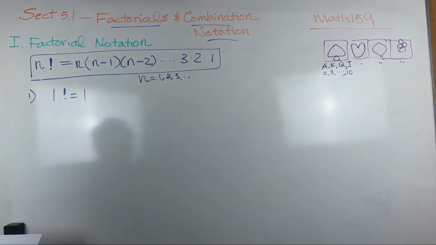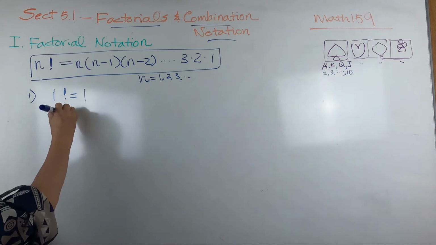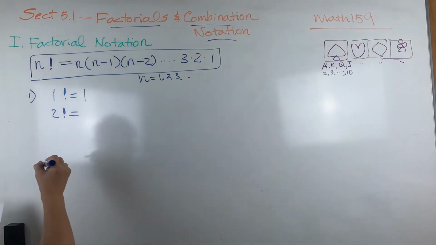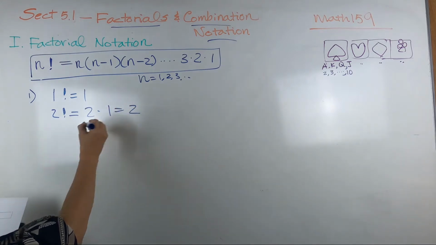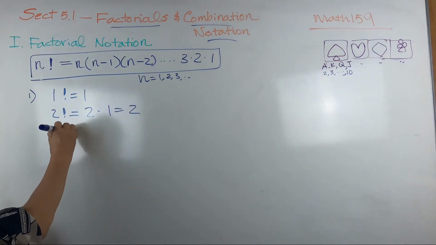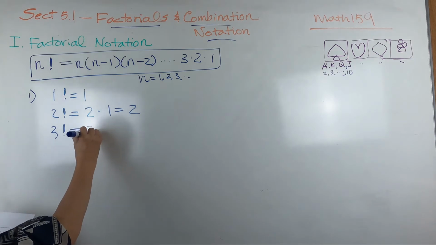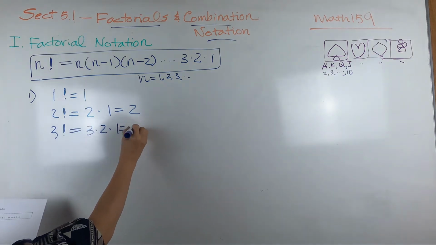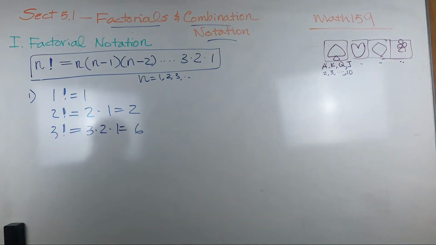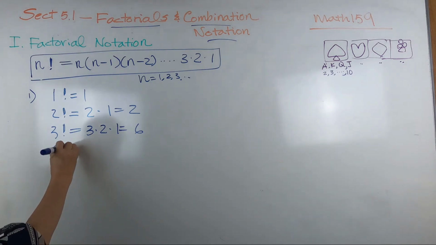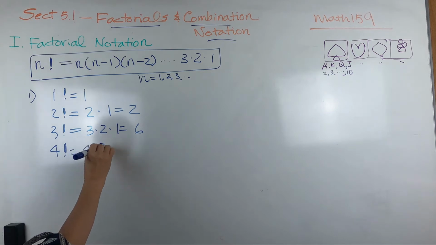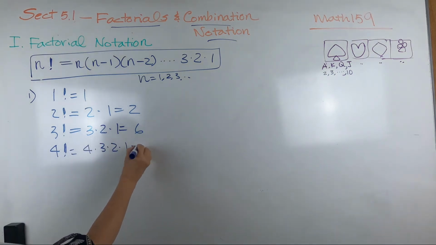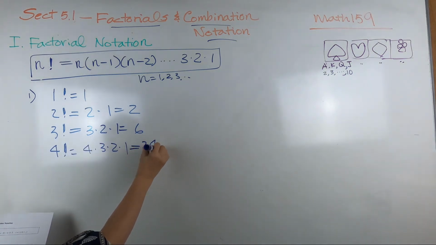If 2 factorial, it means 2 times 1, that would be 2. 3 factorial would be 3 times 2 times 1, which is 6. Then 4 factorial means 4, 3, 2, 1, all the way to 1, so that would be 24.